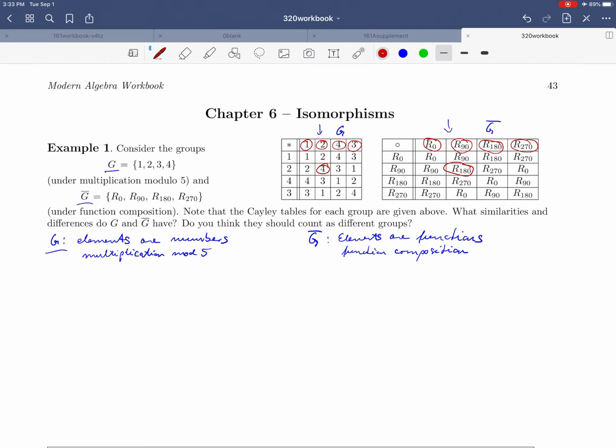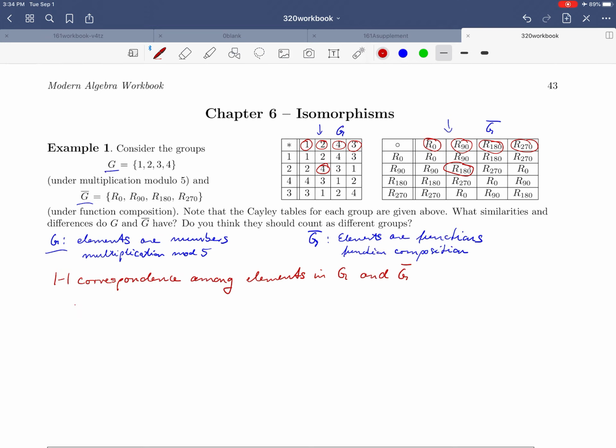So we have this natural one-to-one correspondence between elements in G and G bar.